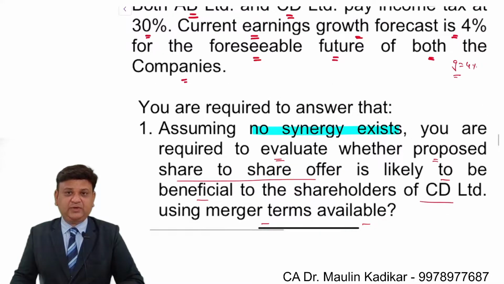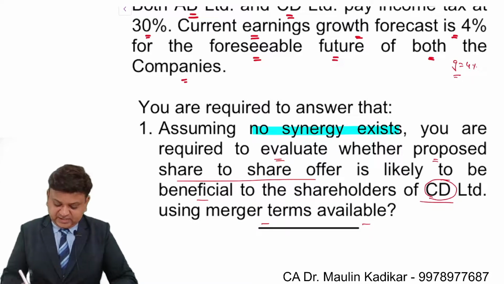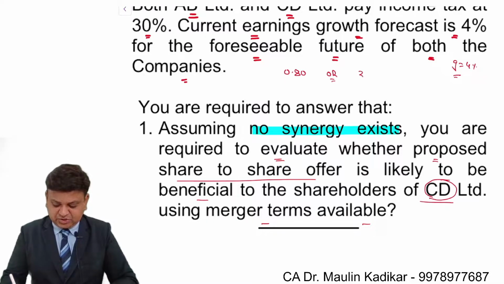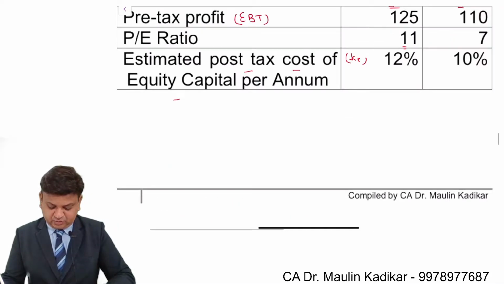So in the first part of the question, we are required to answer from CD Ltd's point of view whether it should accept 0.8 share of the acquiring company or the cash consideration of 360. That is the question which has been provided to us.